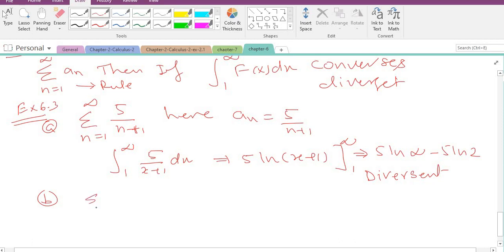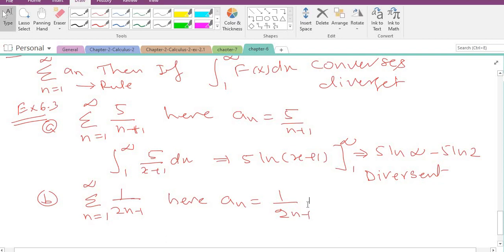Similarly, part B, the summation from n equal to 1 to infinity of 1 divided by (2n-1). Check whether this is convergent or divergent. Again I need to compare. a_n is equal to 1 divided by (2n-1).